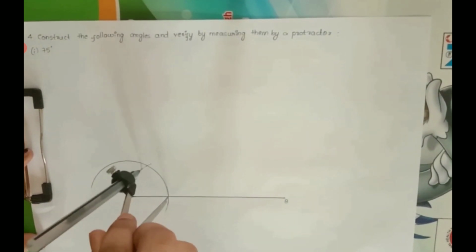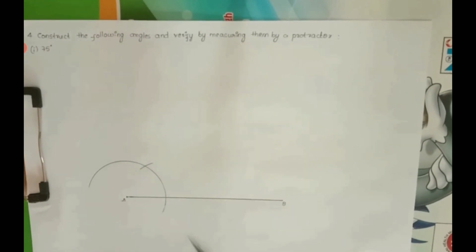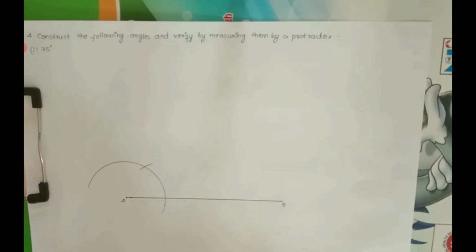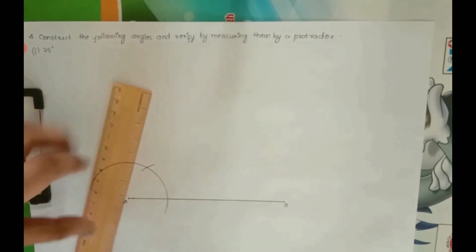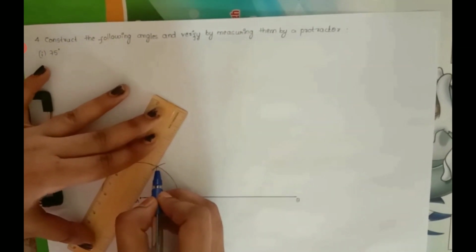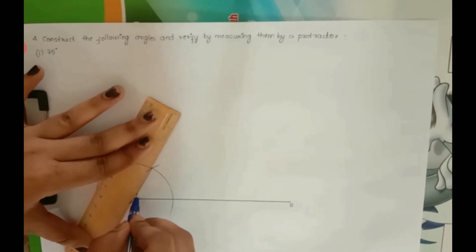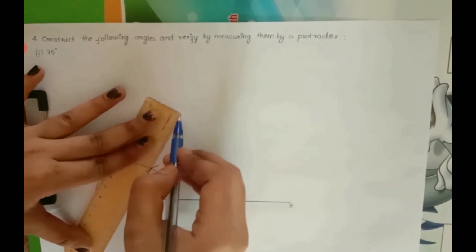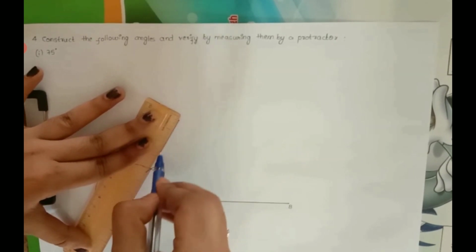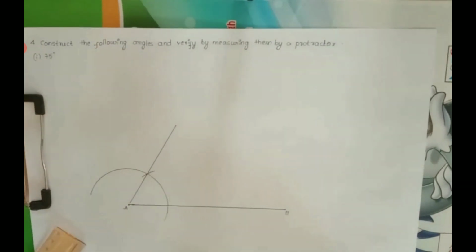With that center, draw one more arc to cut the previously drawn arc, and the point at which both the arcs meet is to be joined to the point A. Join that point. Now you got 60 degree angle here at a point A.